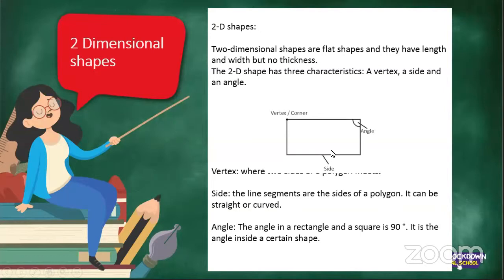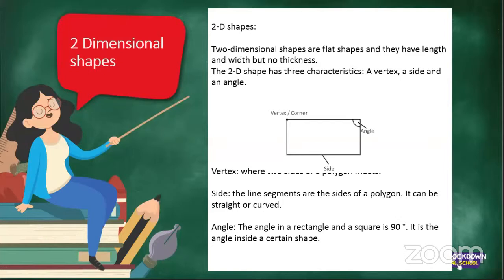Okay, so the angle in this rectangle is 90 degrees. And in a square, the angle inside where the two lines meet is also 90 degrees. It is the angle that gives us a certain shape.